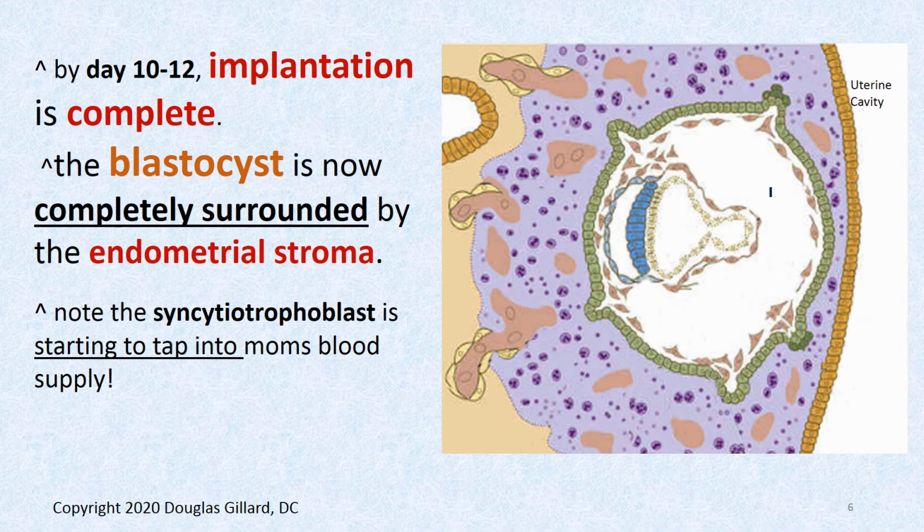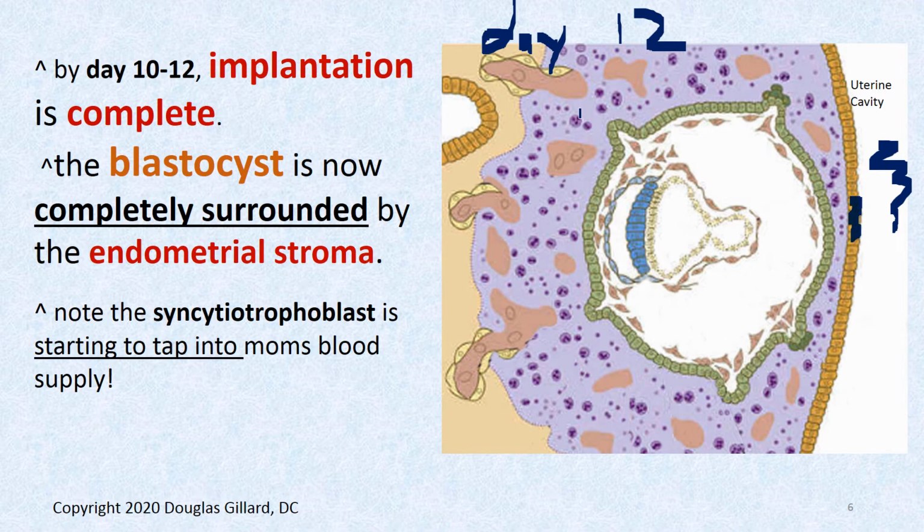So here's a picture of that. So this is day maybe 12. Our blastocyst is completely submerged here. This is the martini glass, the uterine cavity out here. There would normally be a little scar right here, so you'd have a little bit of a plug that scars up.